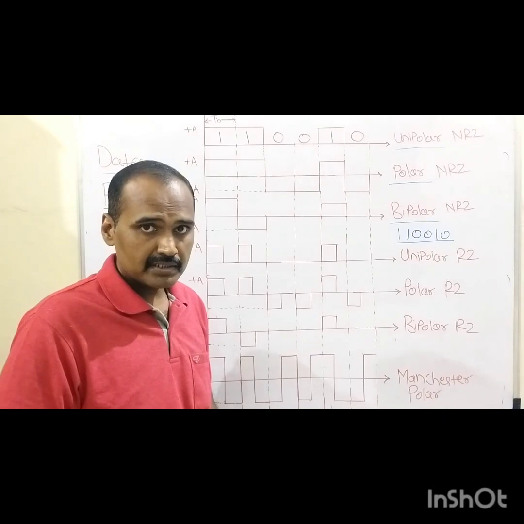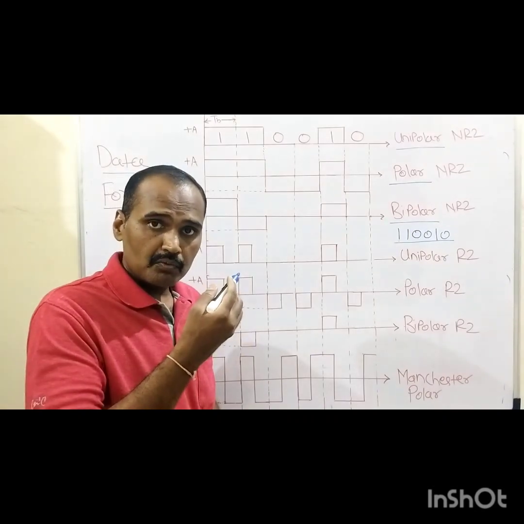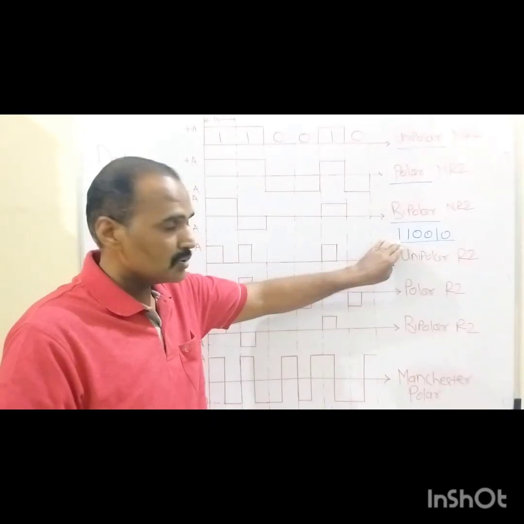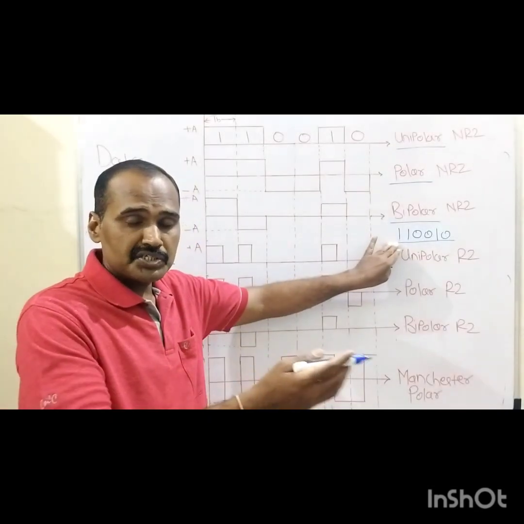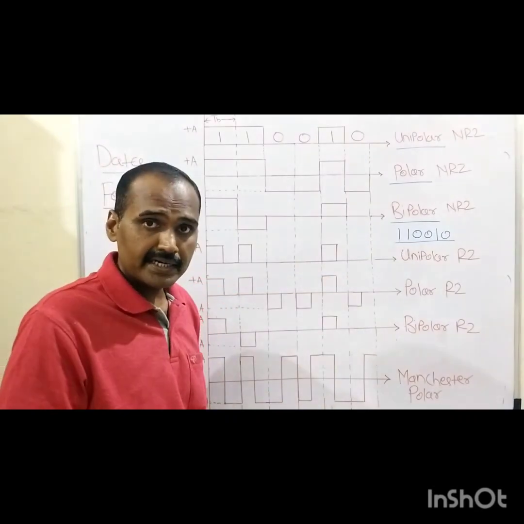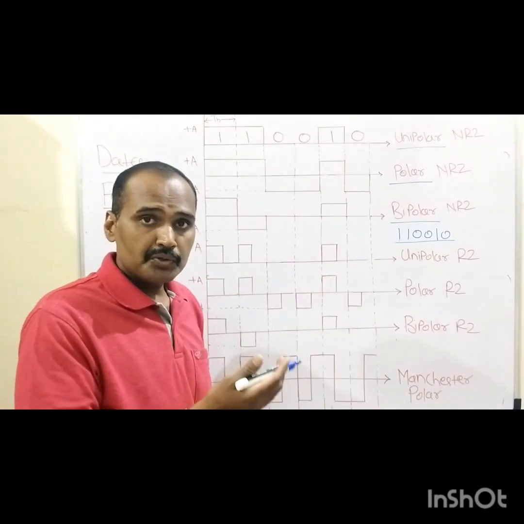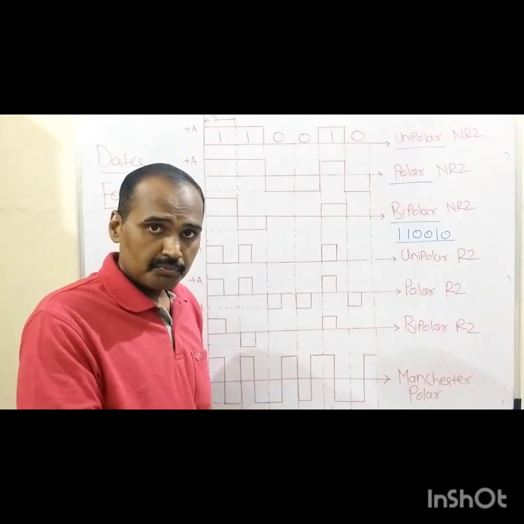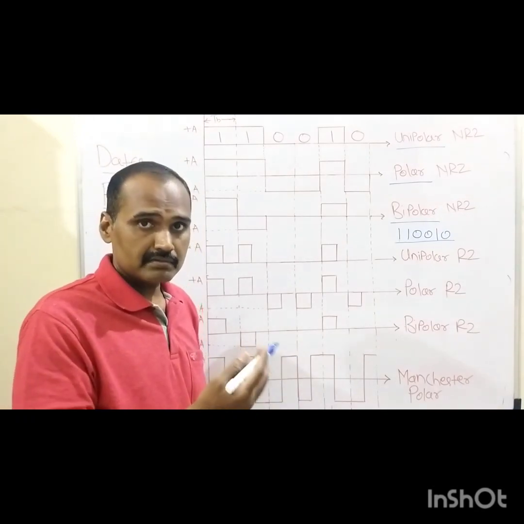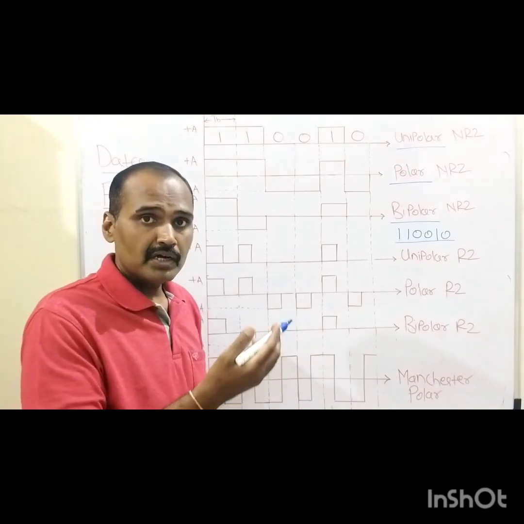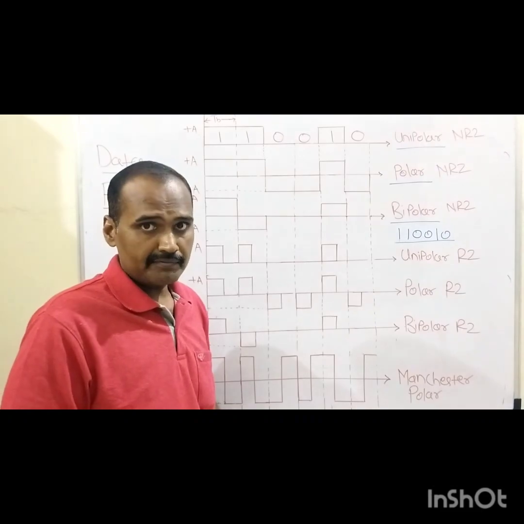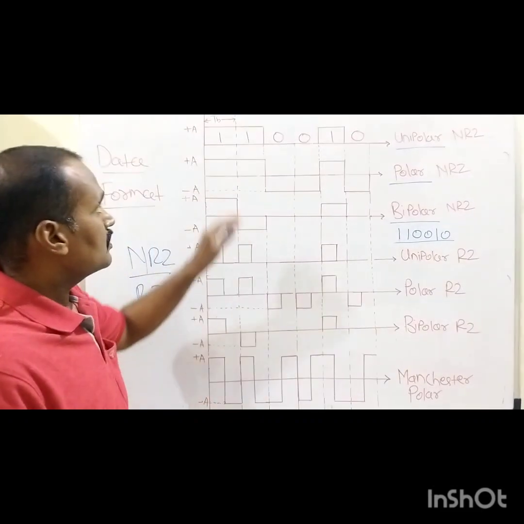In this session, we are supposed to learn how this digital symbol sequence is represented in unipolar, polar and bipolar type of sequence, in terms of non-return to zero and return to zero symbol sequences. So let us quickly go through.